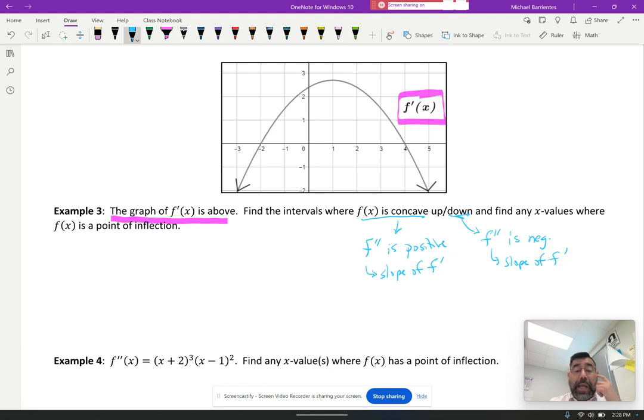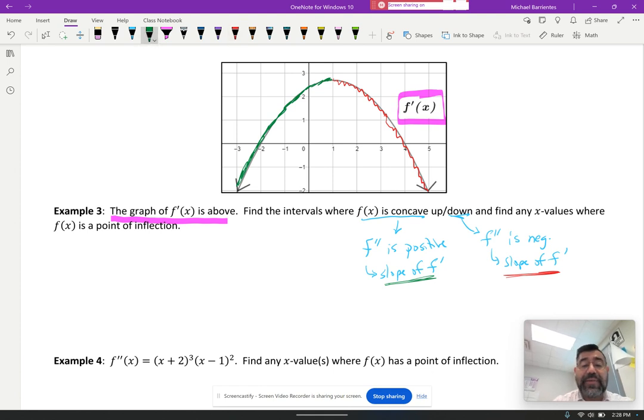So in other words, I know that the slopes are positive in this section all the way until the very top. And I know my slopes are negative in this section all the way to the very bottom. So if the slopes of f prime are positive and negative, that means the second derivative values are positive and negative, and that is where f of x is concave up, and that's where f of x is concave down.